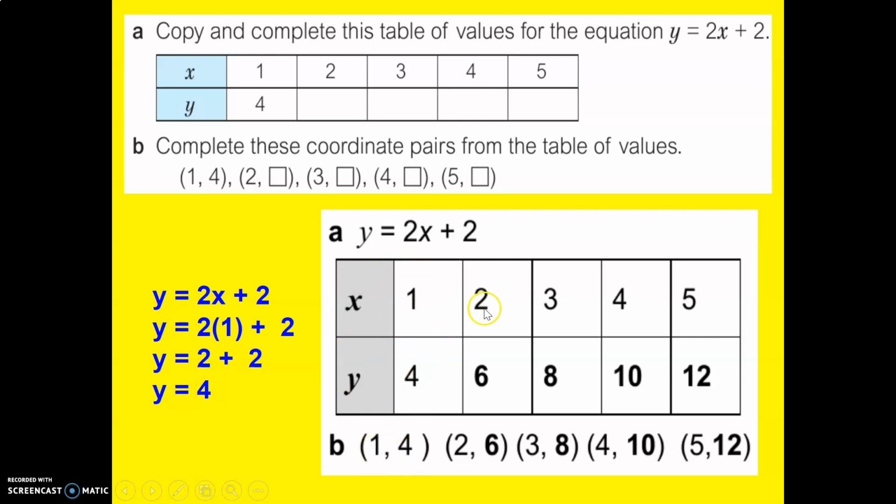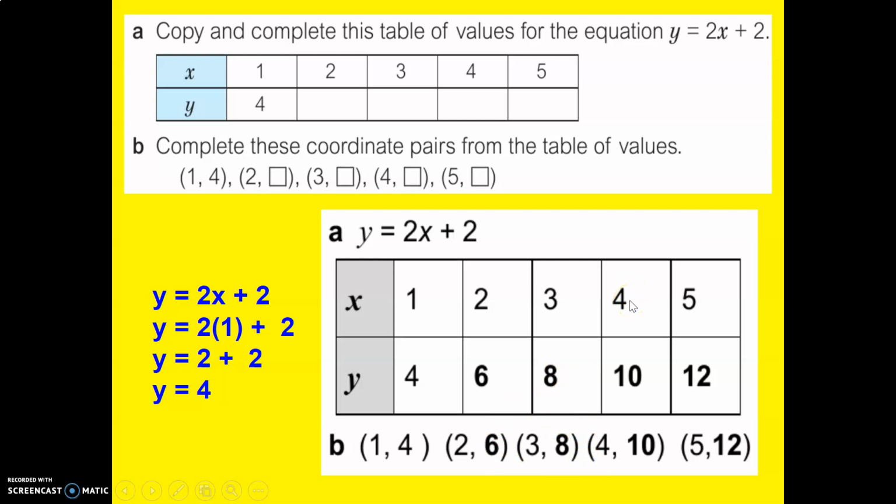If x equals 2, 2 times 2 is 4, plus 2 is 6. So our second coordinate pair is 2, 6. If x is 3, then 2 times 3 is 6, plus 2, y is 8. So our third pair is 3, 8.